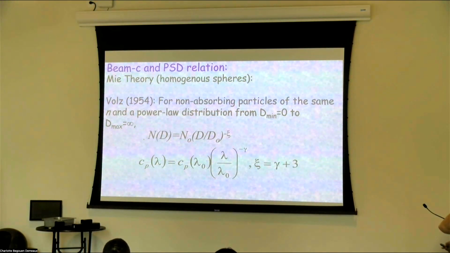It will also be a power law as a function of wavelength, and these two are related. This is for non-absorbing, perfectly spherical particles, going from 0 to infinity. Now in the ocean, we don't go from 0 to infinity. We don't have perfect spheres, but this links what we'd expect to have. So the steeper the size distribution, we'd expect the steeper the spectrum of the beam attenuation.